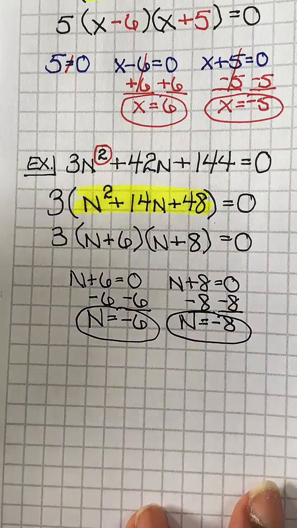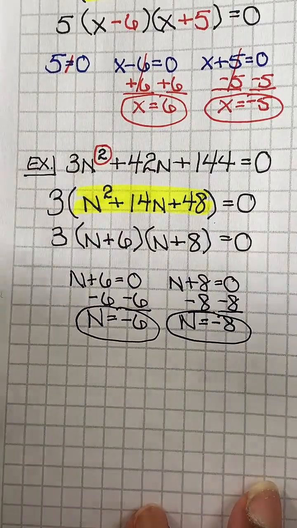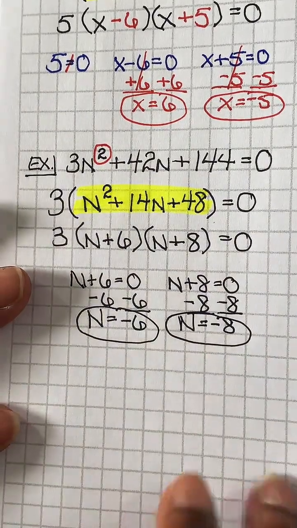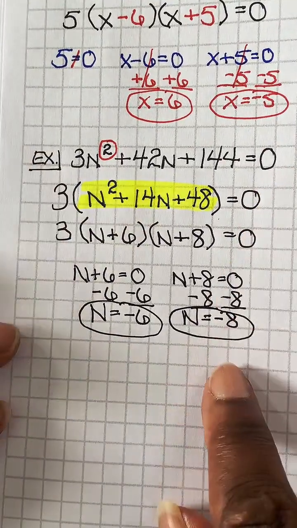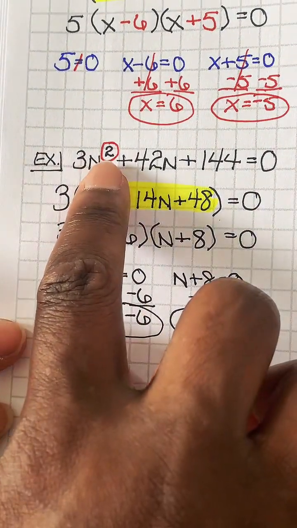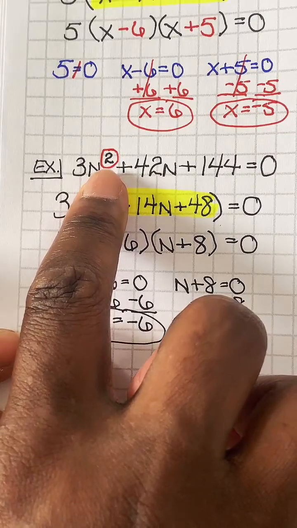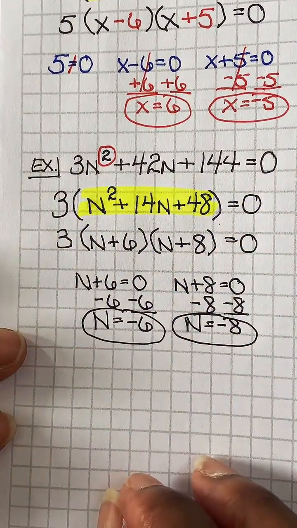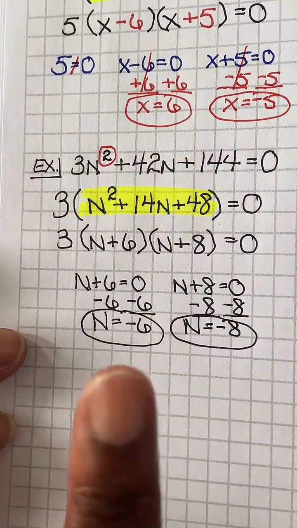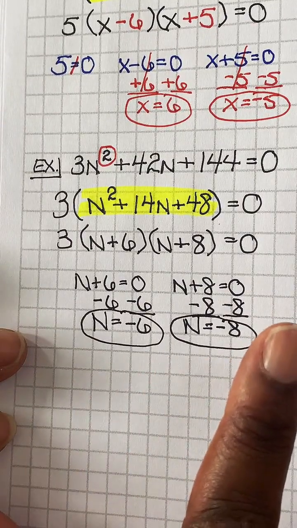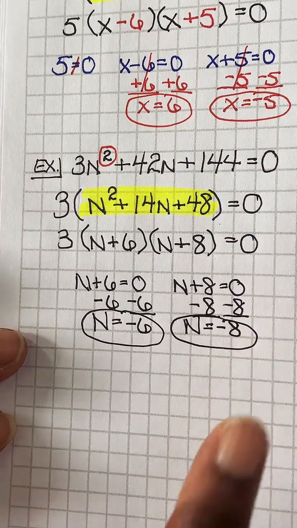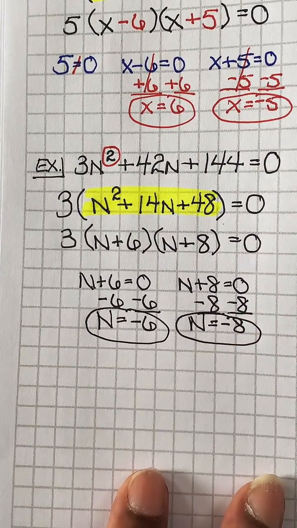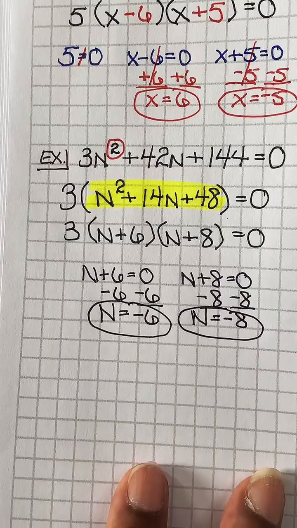A lot of people don't understand that if you can get this, and it changed to the 4th power, you're going to be doing the same exact stuff. Don't let the exponents throw you off. All right? So let's see if we can get a couple more.